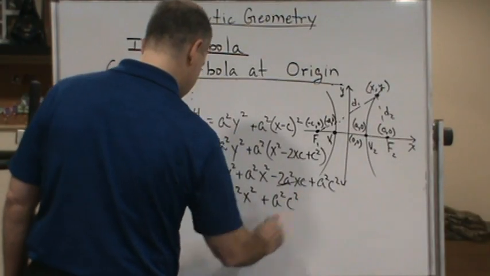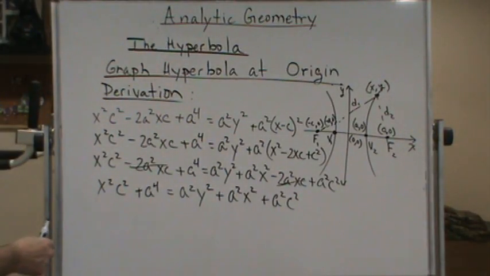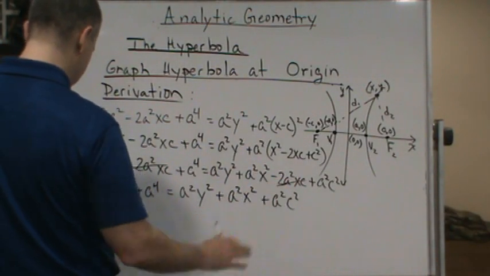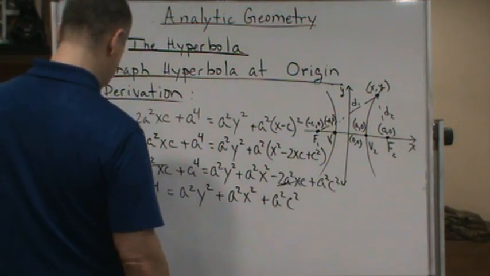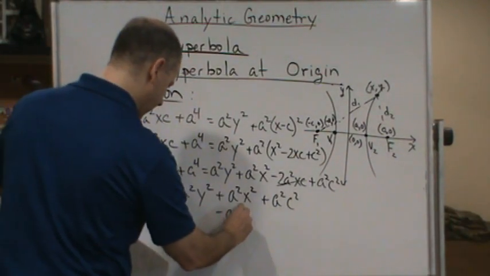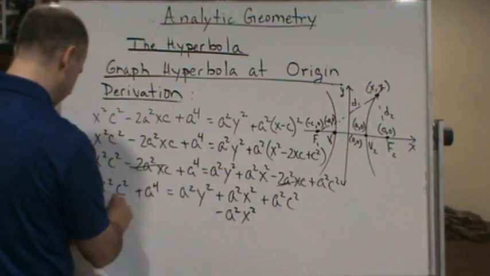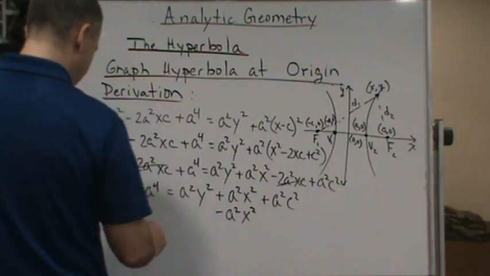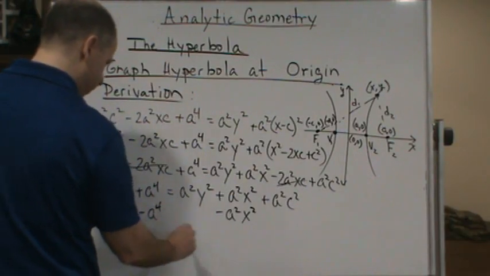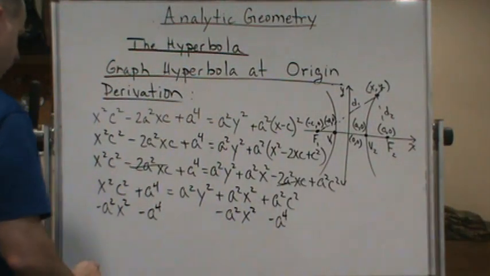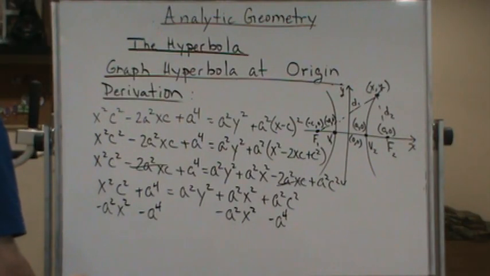a squared c squared. Okay, so now I want to get c squared minus a squared as a term. So I've got a c squared here, and I've got an a squared here. So if I subtract a squared x squared from both sides, and then if I subtract a to the fourth from both sides, that'll do it.